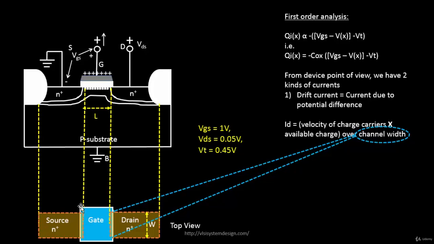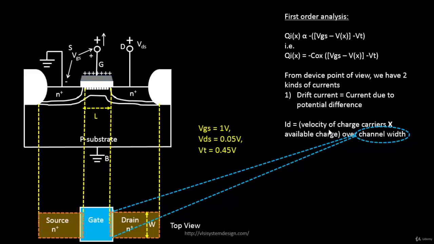So you have your channel, you have your gate, which looks from the top something like this. You have your source area, which from the top looks something like this. And you have your drain area, which from the top looks something like this, and your channel width is this one. It's the gate overlap area over the source and the drain. So current is a function of channel width.